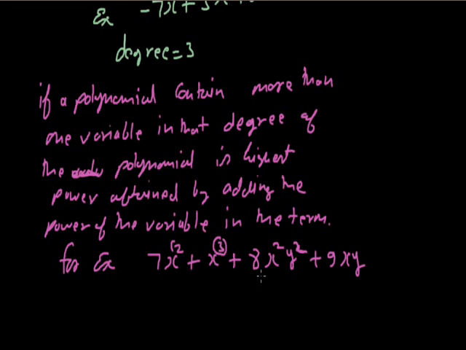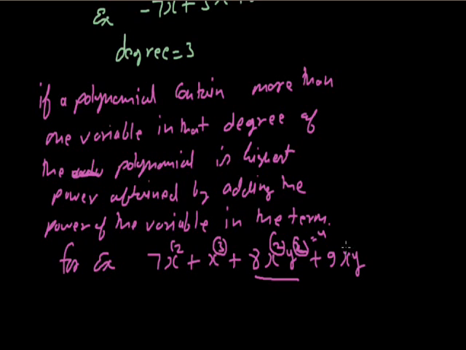Now, in the term 8x square y square, this term contains two variables, x and y, and we have to add these two powers, that is 2 plus 2, that is 4. So here the power of the variable is 4. Here the power of x is 1 and the power of y is 1.